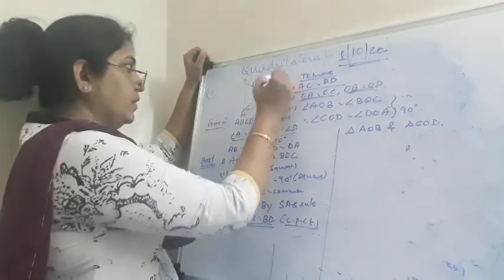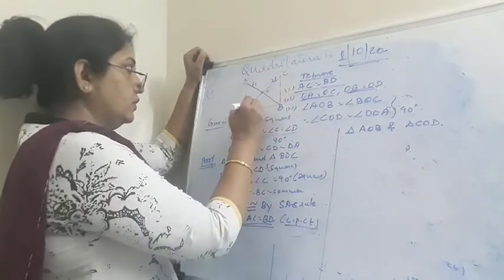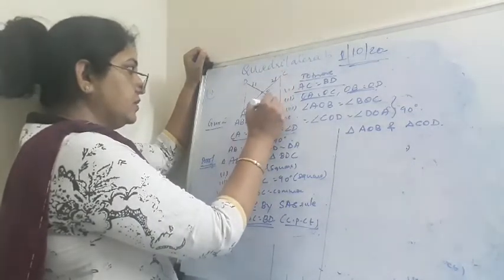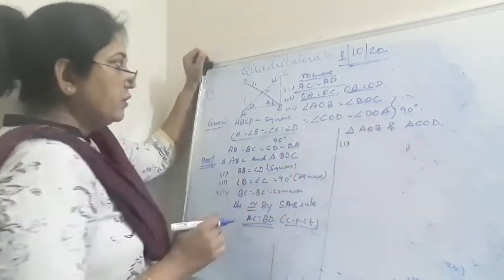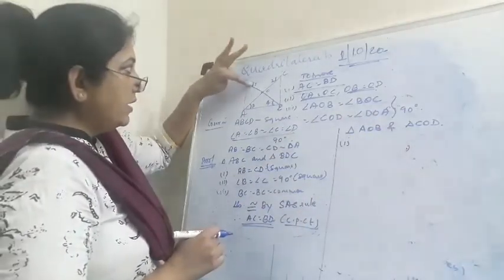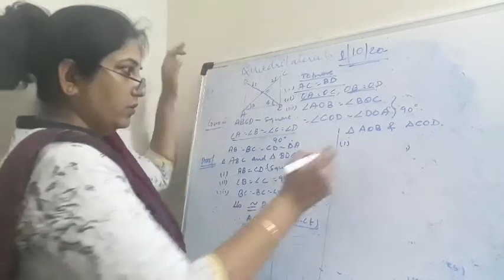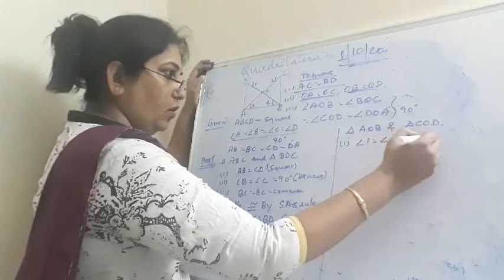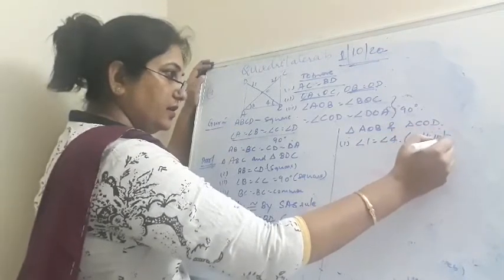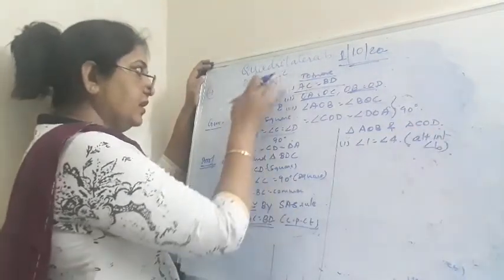Let me mark these angles: this has 1, this has 2, this has 3, and this has 4. Now if you consider these two triangles, children, you can say that angle 1 is equal to angle 4. Why? Because they are alternate interior angles. And why? Because these sides are equal.